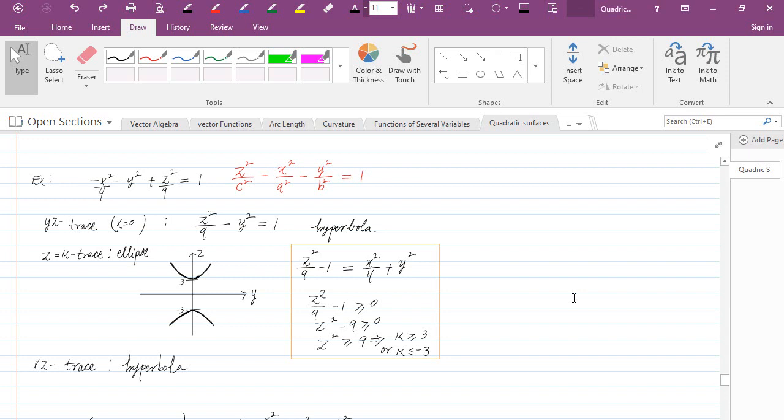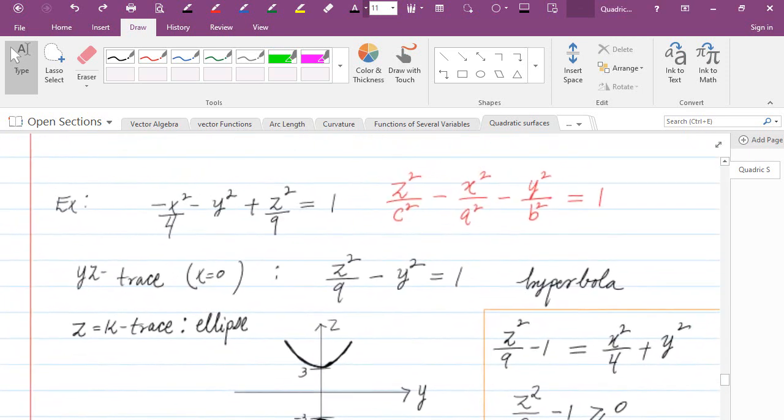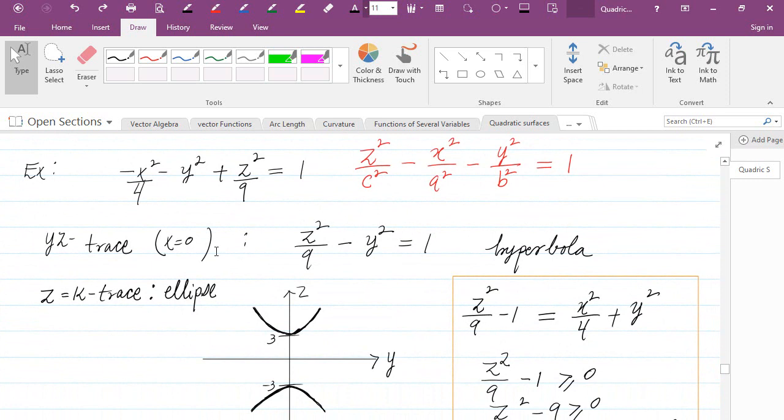So now we want to look at this equation: negative x squared divided by 4 minus y squared plus z squared divided by 9 is equal to 1. Now this is a quadratic surface again, and the general equation looks like this, where you get z squared over c squared minus x squared over a squared minus y squared over b squared is equal to 1.